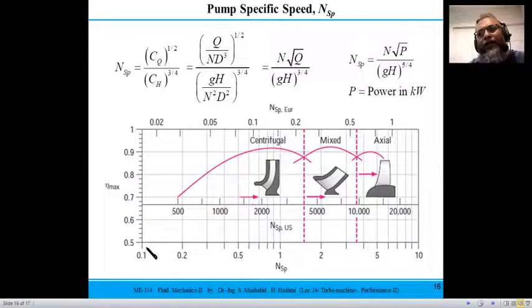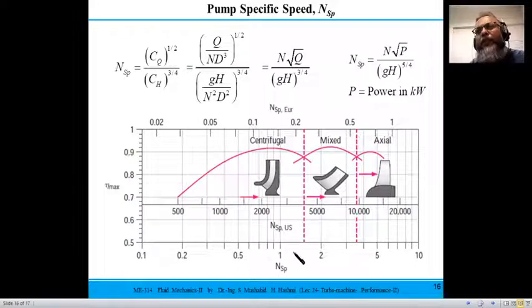Here the specific speed in this unit is of the order of 0.2 to 1. Efficiency is plotted for centrifugal machines, and if you know the specific speed, you can say it is less than 1.5.